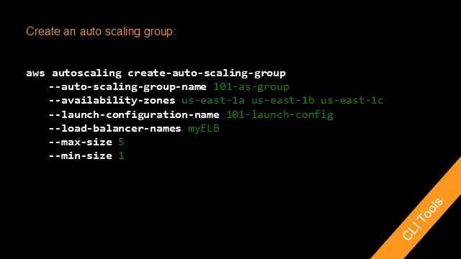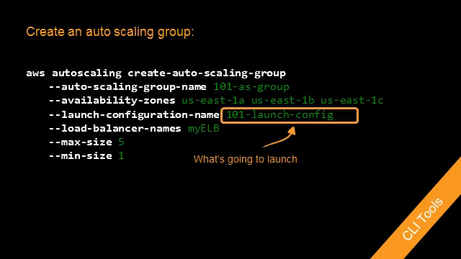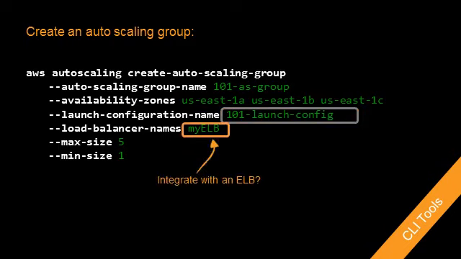You then create an auto-scaling group which back-references the launch configuration that you've defined, and also names the group, defines which availability zones it's going to be active in, any load balancer that you want to register the group with, and also the minimum maximum size. And you can see that here. So you're defining the launch configuration that you're going to use. You're defining the load balancer that you're going to integrate this auto-scaling group with.